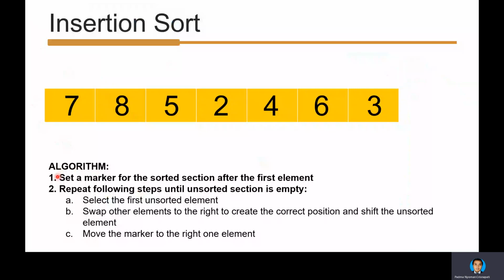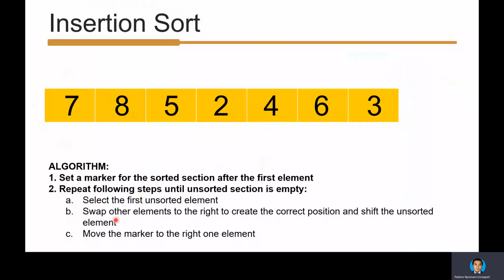The first algorithm is to set a marker for the sorted section after the first element, and the second one is repeating some small algorithms. The first is to select the first unsorted element.